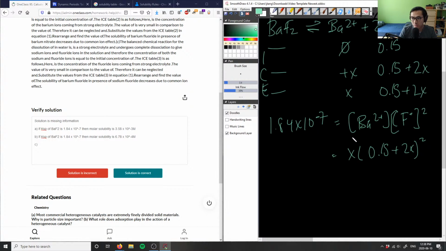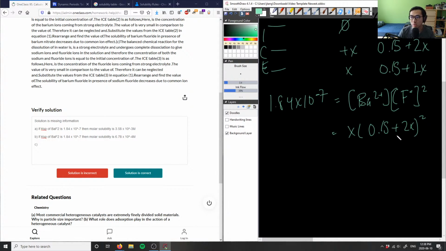And then what I can do here now is, if I wanted to, I can factor this out, and well, I can FOIL to get an algebraic solution here. But what I'm probably going to do is assume, again, the small x approximation. So this 2x, I'm going to assume that this is going to be very, very small. So x here is going to be simply just 0.15 squared, and I'll be able to solve for this value here.